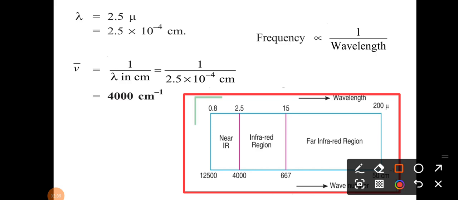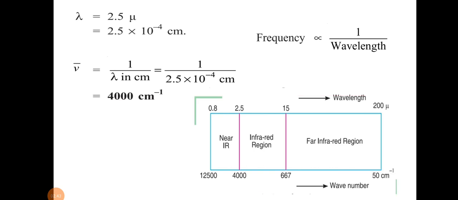So what we can say is, as wavelength increases, the wave number decreases. You can see the wave number starts at 12,500, but as wavelength increases from 0.8 to 200, the wave number decreases from 12,500 to 50 centimeter inverse.